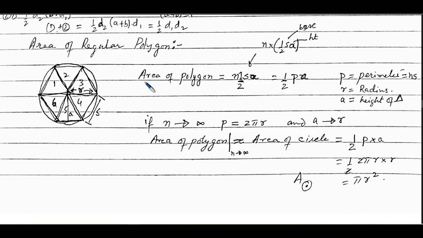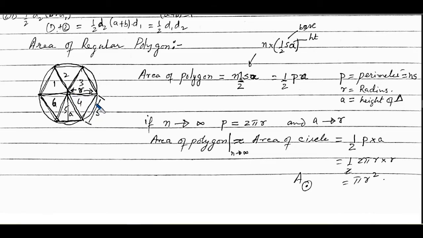Then I can write the area of a polygon; each is a triangle, so I can approximate it as half times base s, times the height a. The height is this one, not the r, this is the height.